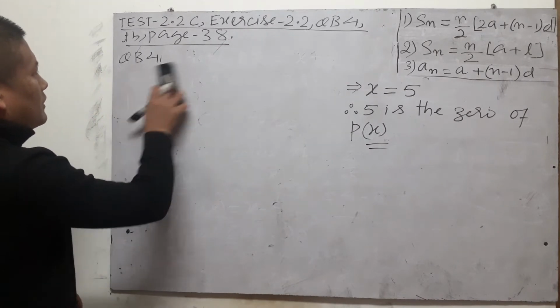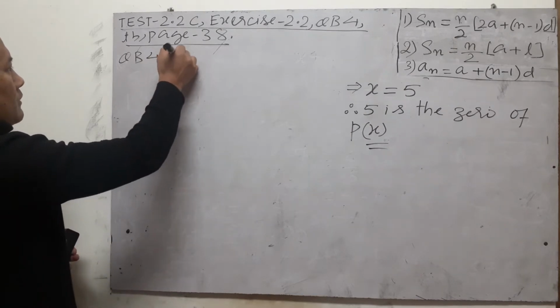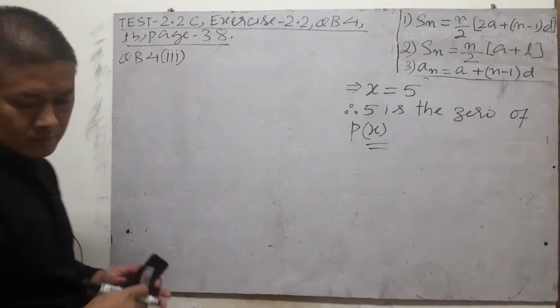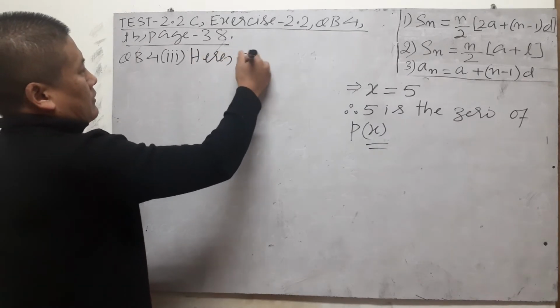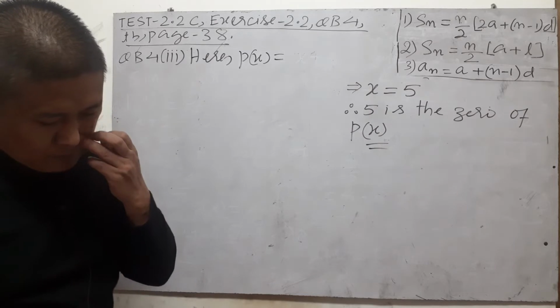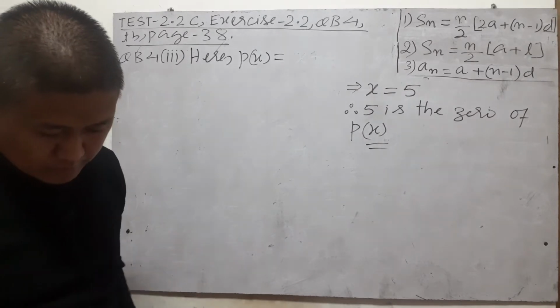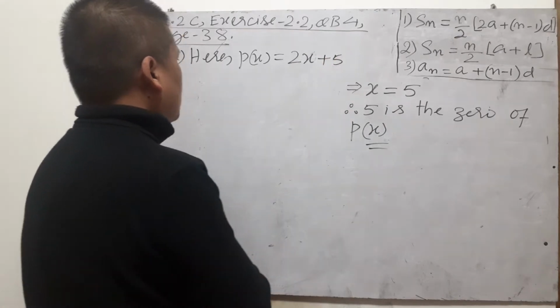So the third one is here. Here the value of p of x is being given to us as 2x plus 5.